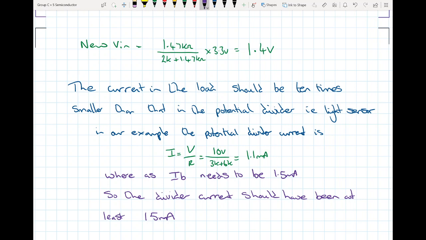So we had only actually got 1.1 milliamps in our potential divider. Our current down in our base needs to be 1.5 milliamps. So the divider current should have been at least 15 milliamps. So ultimately, the resistance of our input circuit, our light sensor, needs to be a lot smaller so we can get a greater current.